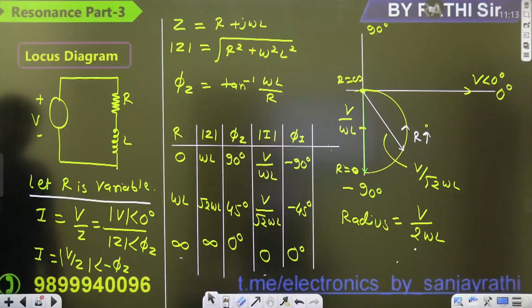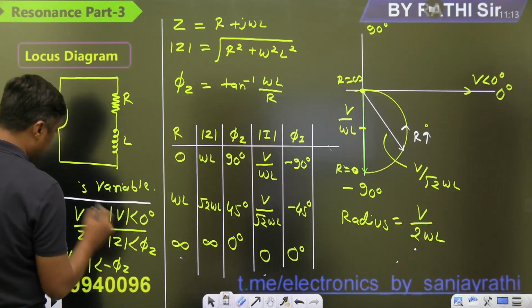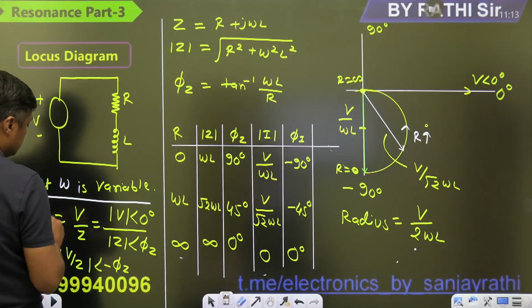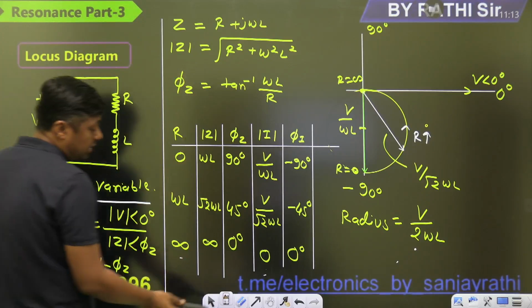Then suppose you are going to vary what? Omega or L. Let, for example, omega be variable. This formula will remain the same, that formula will remain the same. Only there is a change in what?